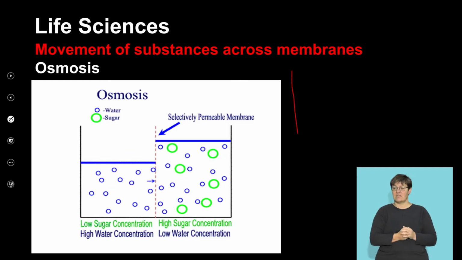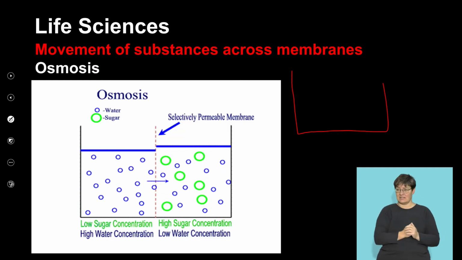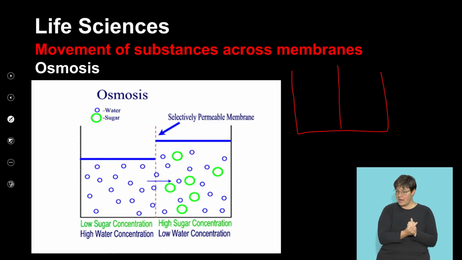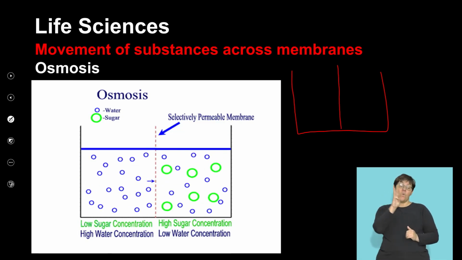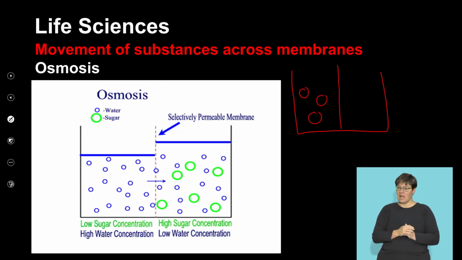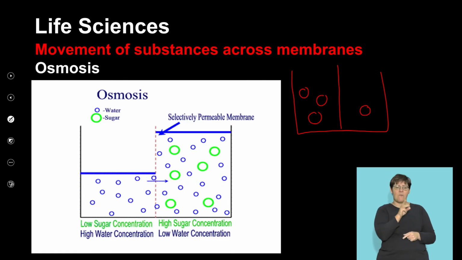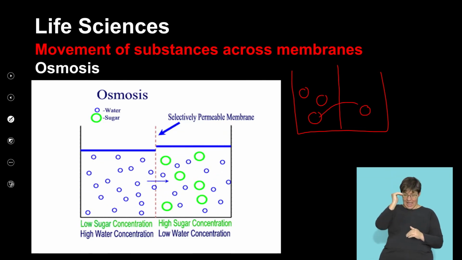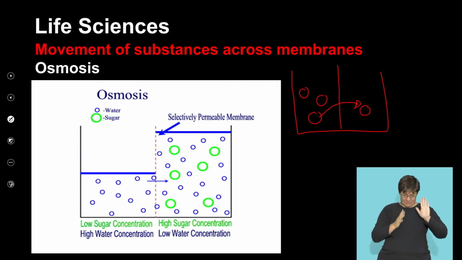So I've got a cell over here. I've got 2 parts over there. I've got a high water potential on this side. I've got lots of water. And I've got little water on that side. Where will the water move? From a high concentration to a low concentration.